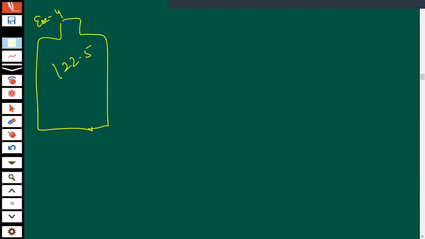Last example, okay? 122.5% oleum. Come on, solve it.